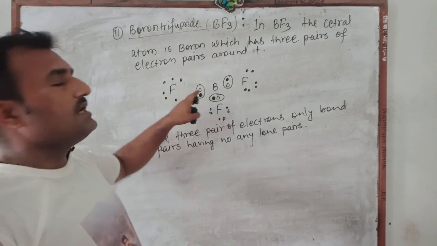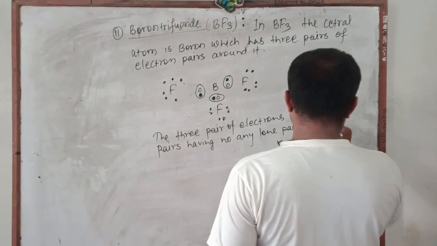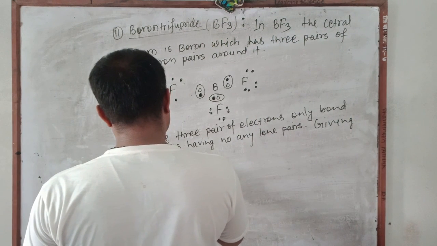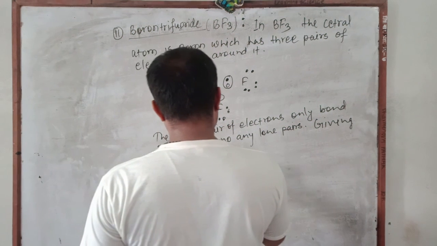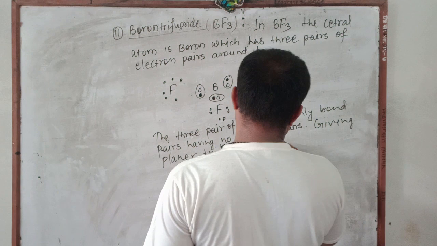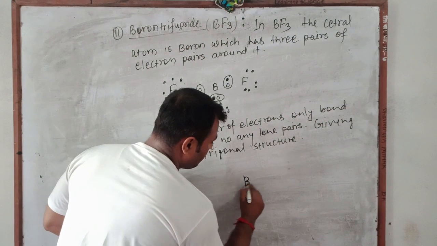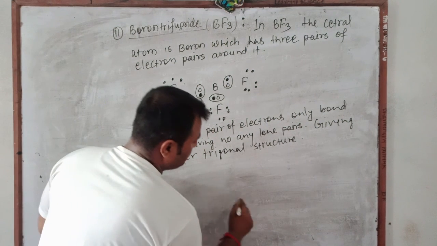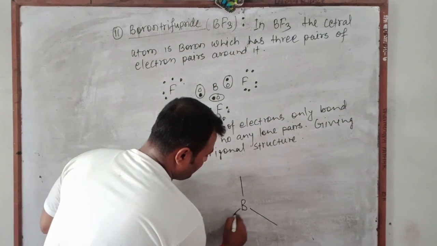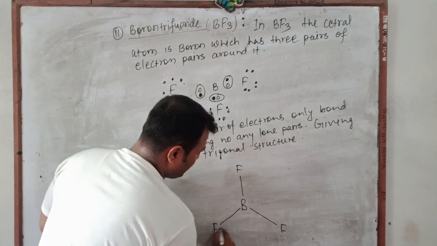All electron pairs are involved in bonding, therefore bond pairs are present there, giving planar trigonal or triangular structure. And we can draw a structure like boron with fluorine, fluorine, fluorine.